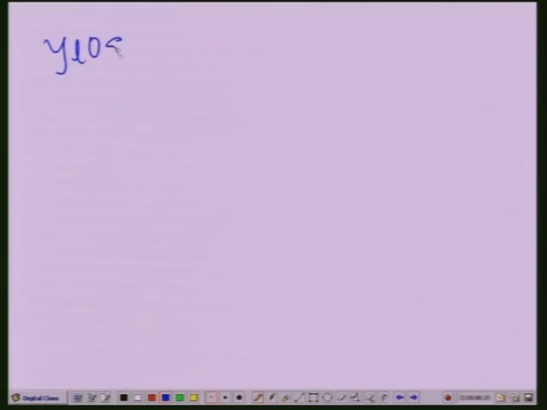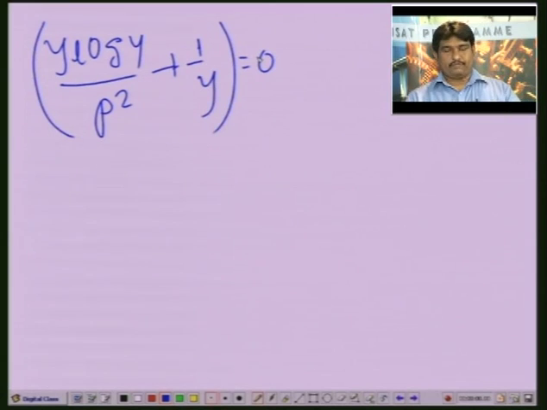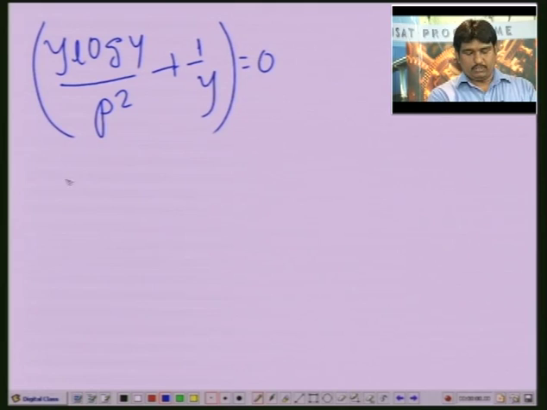Method 2 to get the singular solution is through the other factor. As you have seen, the other factor was y into log y divided by p square plus 1 by y equated to 0. It's a factor free from derivatives. Now simplify this.